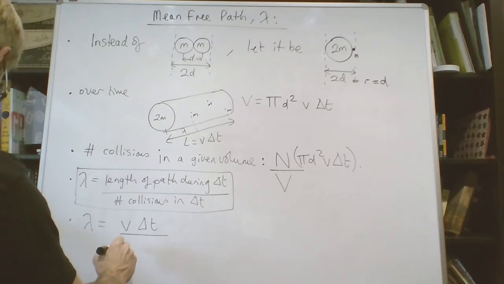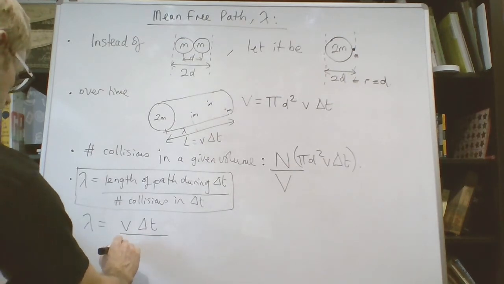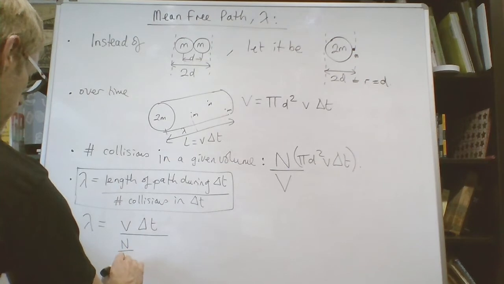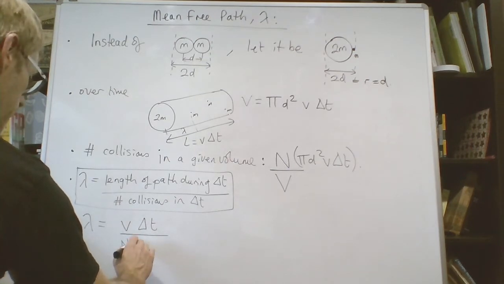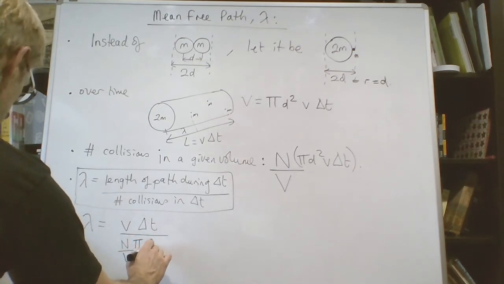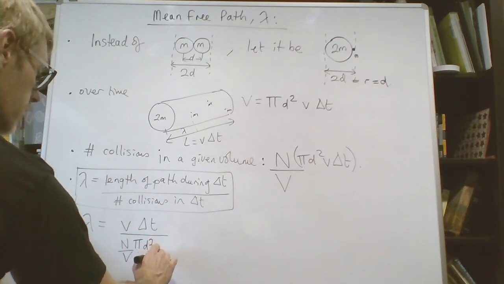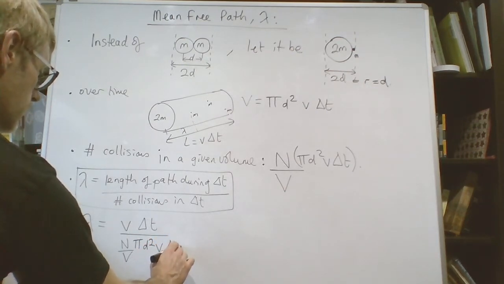So we have n over v. So let's put it here, n over v. And then we have pi d squared v delta t.